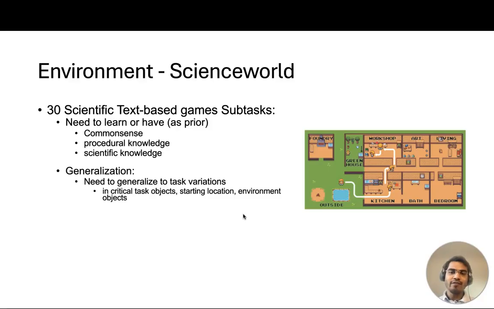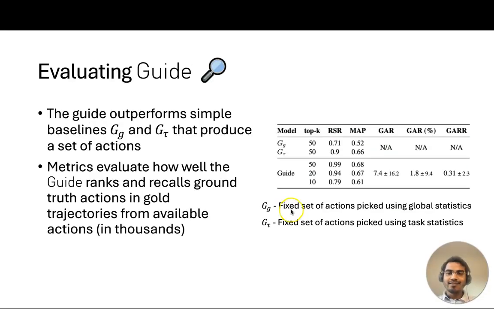Every one of these 30 tasks has a lot of variations which are divided into train, dev, and test. The idea is for the model to train itself on training variations and then evaluate on testing variations. These variations differ in critical task objects, in the starting location of the agent, and also the environmental objects that the agent encounters. Let us see some experimental results.